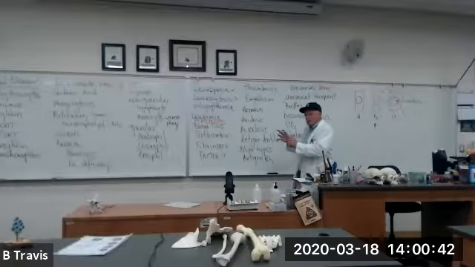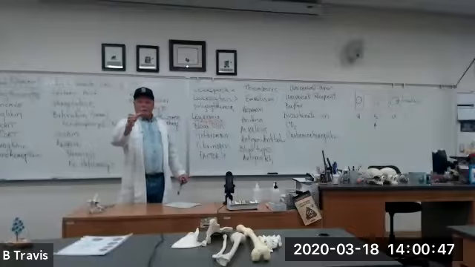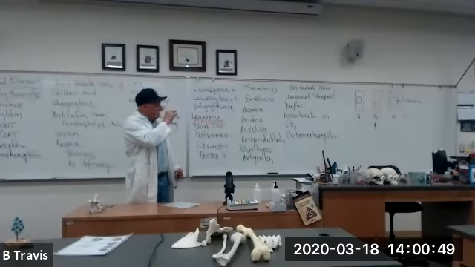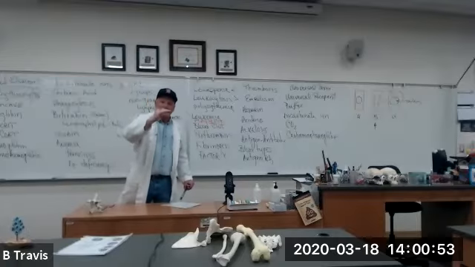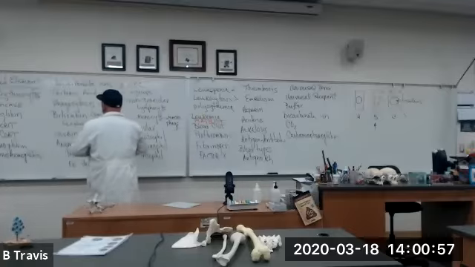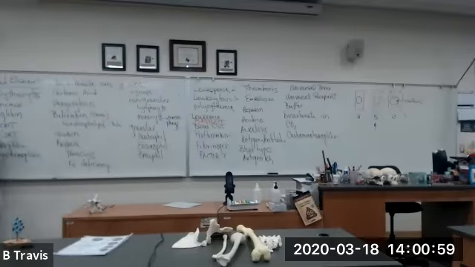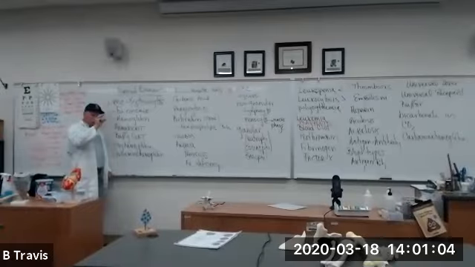Picture a beaker full of blood with C. It would be overflowing, but with B, it would be at the brim. So we have biconcave, and now you understand the reason for it: to have more blood cells per milliliter.